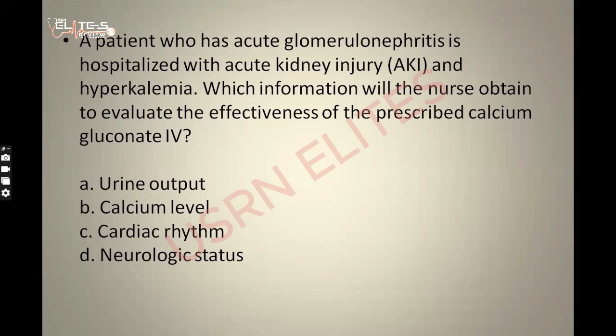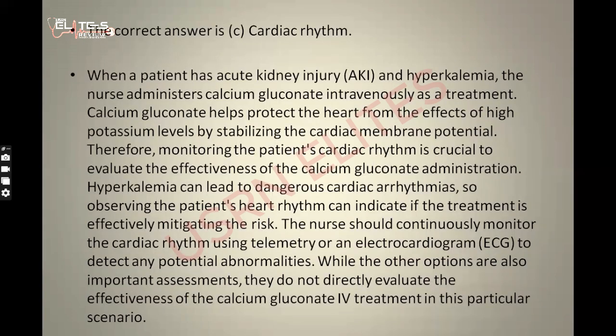So the main reason for giving calcium gluconate is to give you that cardioprotective effect to protect your heart from bad cardiac rhythms. So let us take note of it. We can read the rationale to add up.